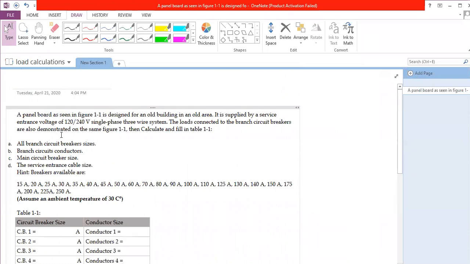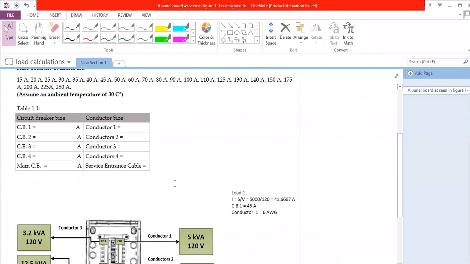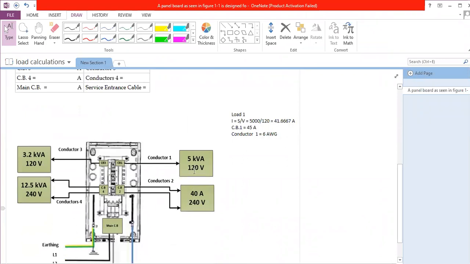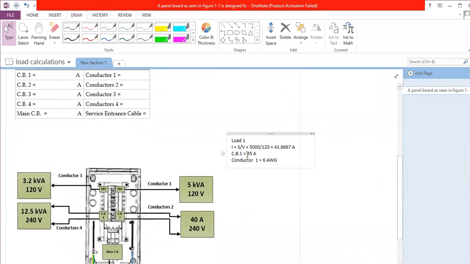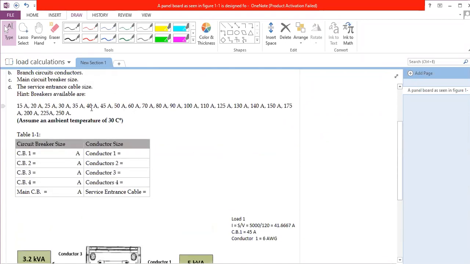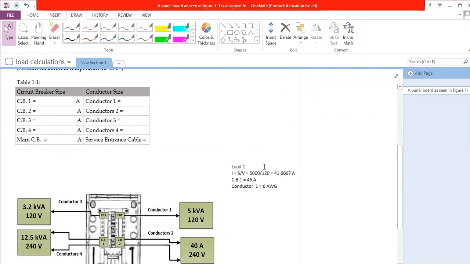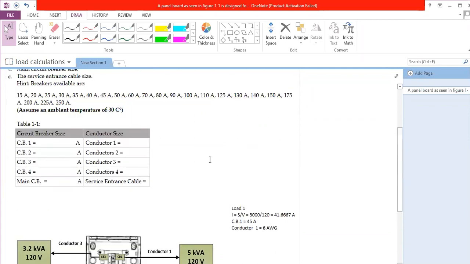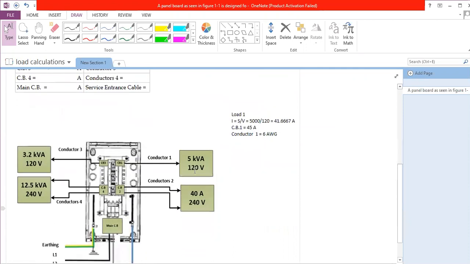If it is written that this load is a continuous load, then I have to multiply by 1.25. Since it is not mentioned that it is a continuous load, I'm going to go with this calculation. But if the load is mentioned as continuous, then I have to multiply again by 1.25, then choose the circuit breaker, then choose the conductor.